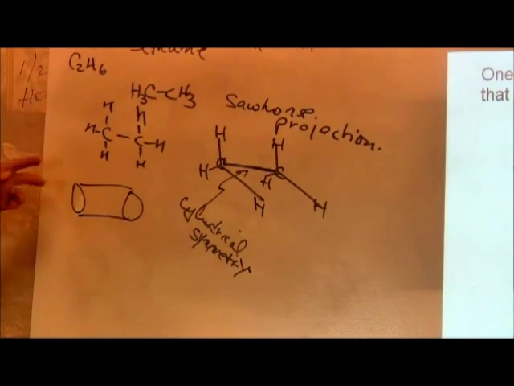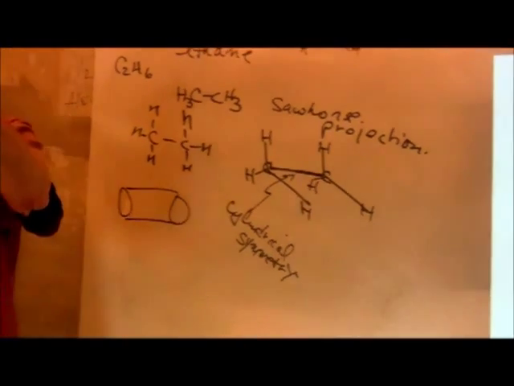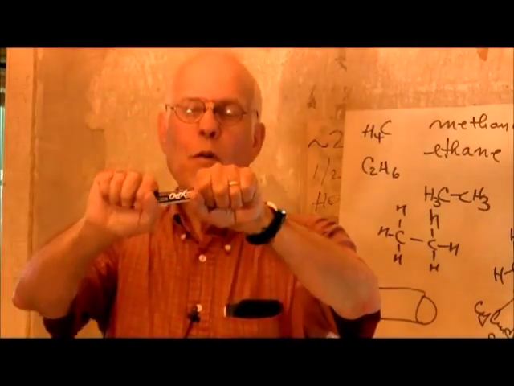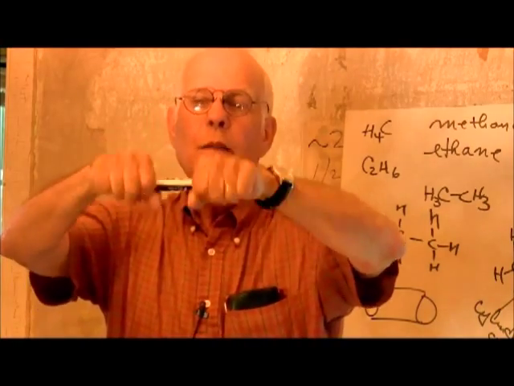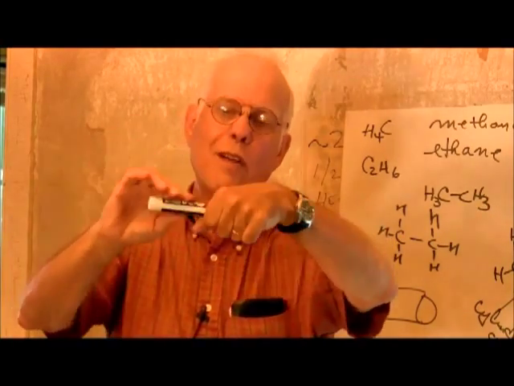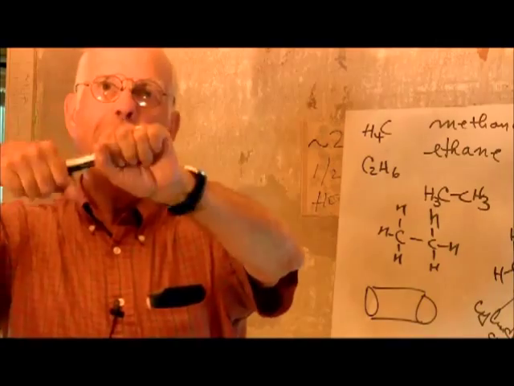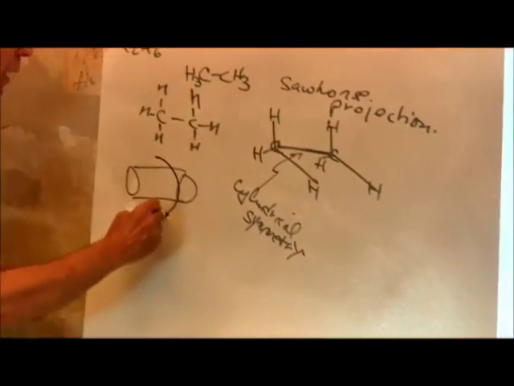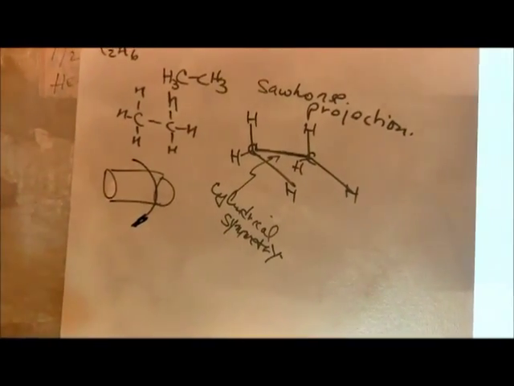Well, if I've got a cylinder, for example, this entity right here between my hands, take off that end and take off that end, and forget about all the writing on it. I can turn it around and there's no difference. Of course there's a difference here because there's writing on it, but if there were no writing on it, there'd be no difference whatsoever. I can rotate around a cylinder without consequence.